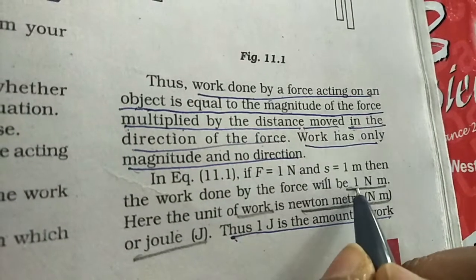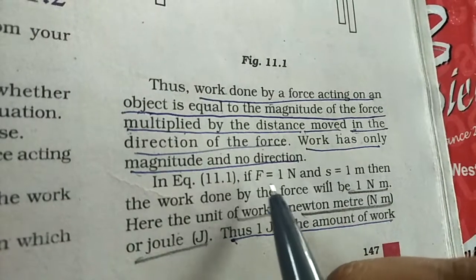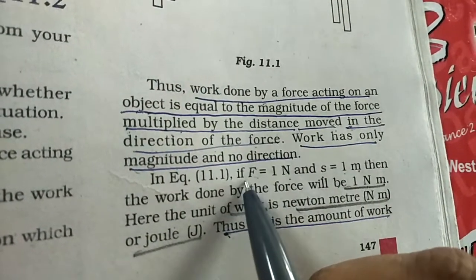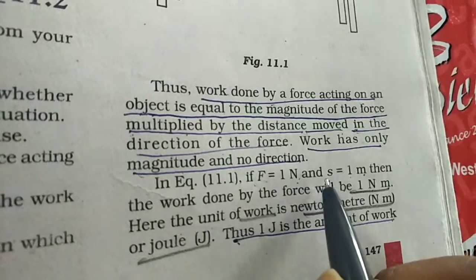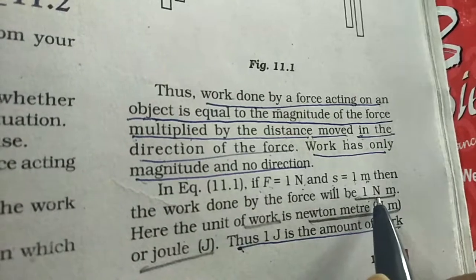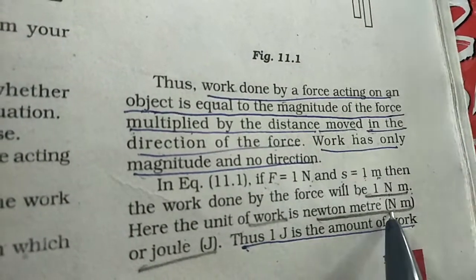Now if we have 1 Newton meter, that is 1 Newton multiplied by 1 meter: the force is equal to 1 Newton, displacement is equal to 1 meter, then the work done will be 1 Newton meter. This is the unit of work, that is Newton meter.